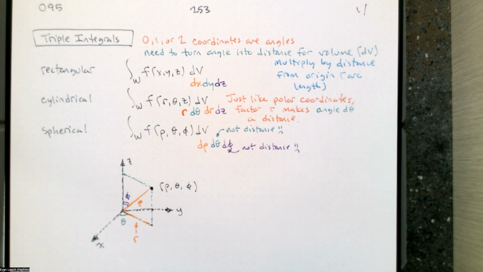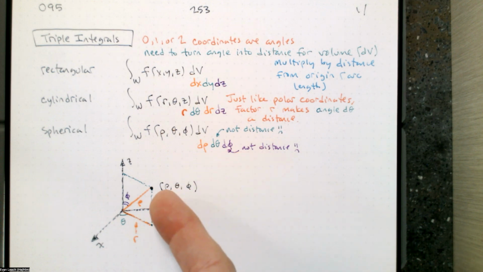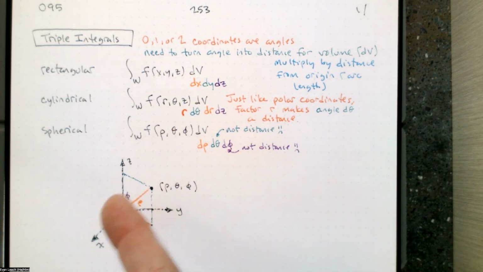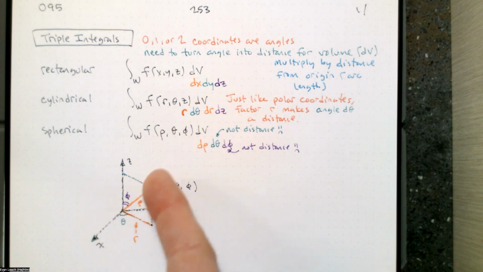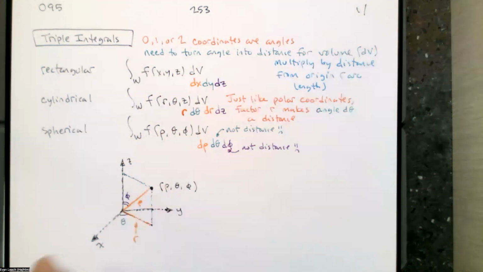So we look at where the point is, and we can see that that point is rho units from the origin. So to turn d phi into a length, we just need to multiply by rho. The point that we care about is the point that makes the angle here, where phi is.